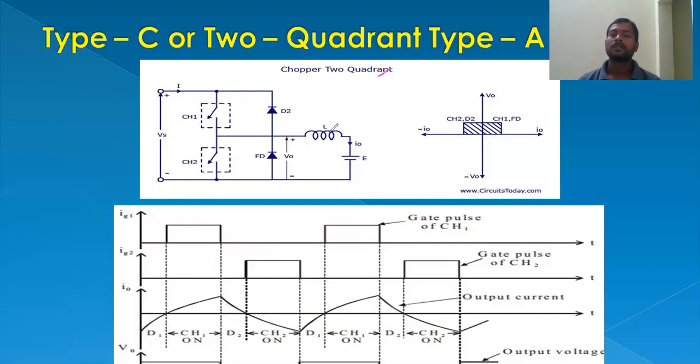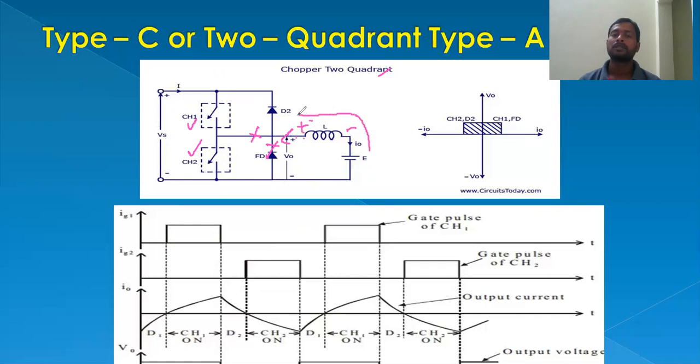And look at this one now. If chopper 2 is off, chopper 1 is off, so the current cannot flow in this direction, and this is also reverse biased, so current cannot flow in this direction. Only this is the path, negative and positive.